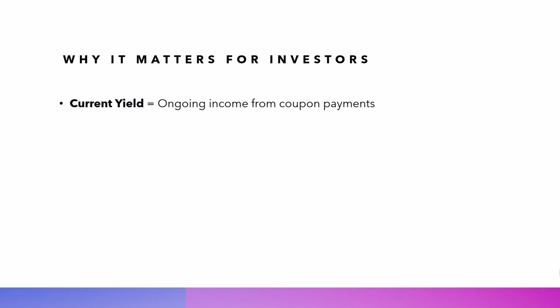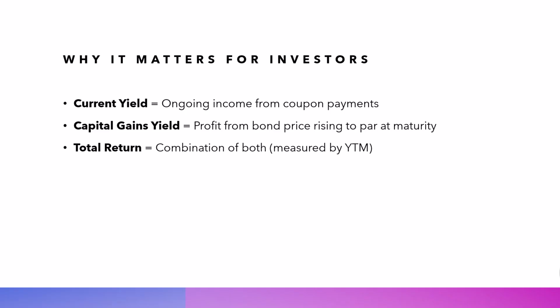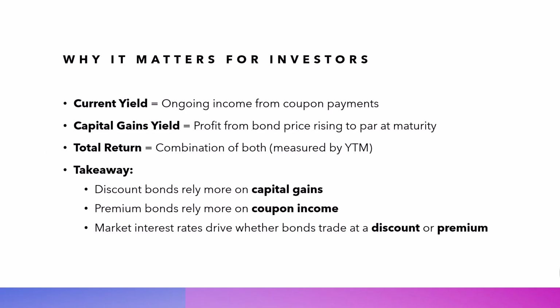So why does this matter to investors? When we consider income versus price appreciation, the current yield reflects the steady income from coupon payments. Investors who want predictable cash flow, such as retirees, focus on this. Basically, they want predictable income.